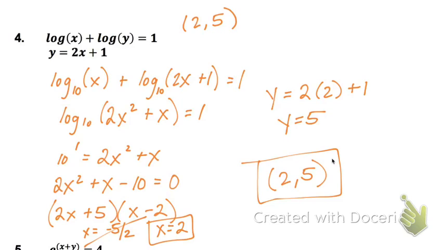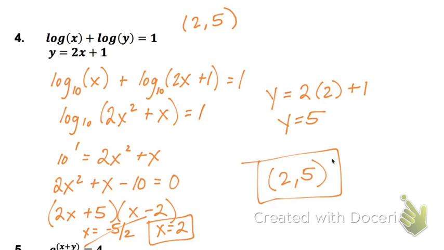Factor and solve. I factored that. You get 2x plus 5 and x minus 2. Solve both of them. You get negative 5 halves and a positive 2. The negative 5 halves does not work because it's negative on the inside.